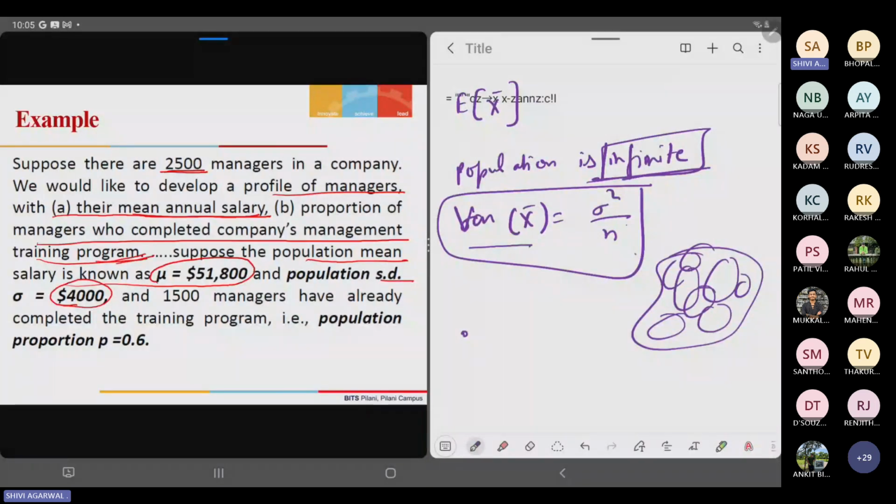So the population mean of salary is $51,800, and the population standard deviation is $4,000. But 1,500 managers have already completed the training program. So the population proportion is P equal to 0.6. The information is given like this.